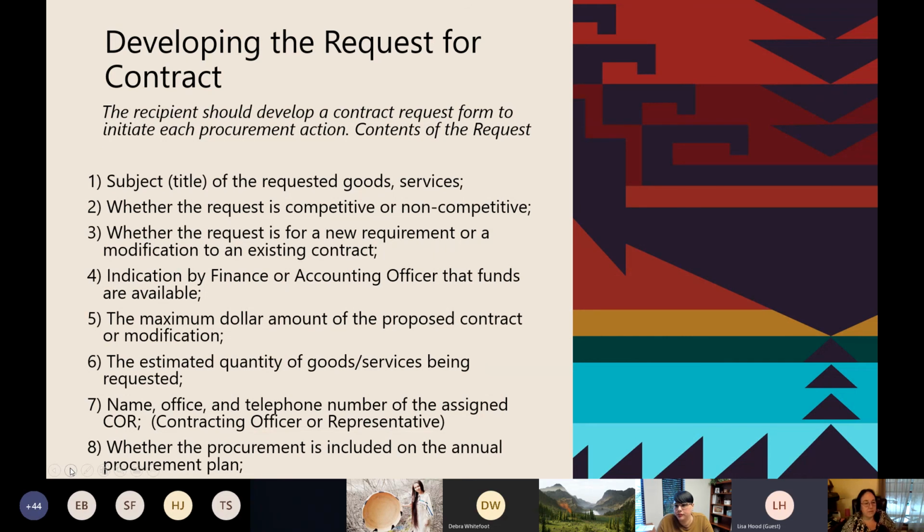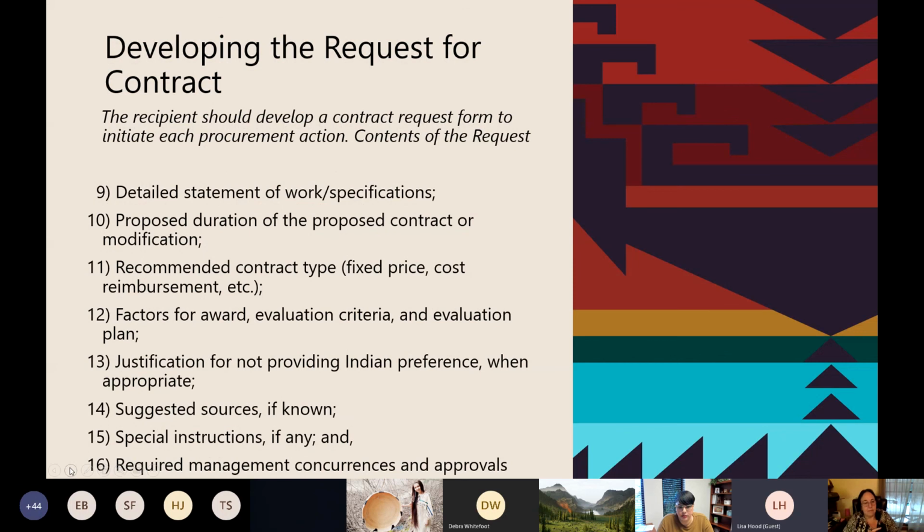Contents of that request: the subject title of the requested goods or services, whether the request is competitive or non-competitive, whether that request is for a new requirement or a modification to an existing contract, indication by finance or your accounting office that the funds are available, the maximum dollar amount of the proposed contract or that modification, the estimated quantity of goods and services being requested, the name, office, and telephone number of your assigned contracting officer or representative, and whether that procurement is included in your annual procurement plan.